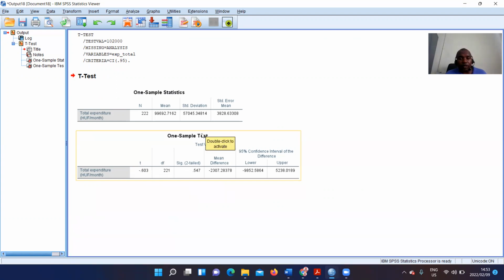This implies that we failed to reject the null hypothesis that the total expenditure is 102,000 Hungarian forint. So in other words, we accept the null hypothesis and conclude that it's indeed true that the total expenditure is 102,000 Hungarian forint. And again, we saw that it's within the 95% confidence interval.